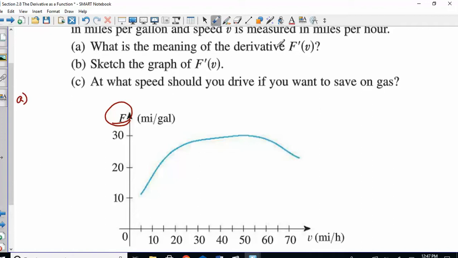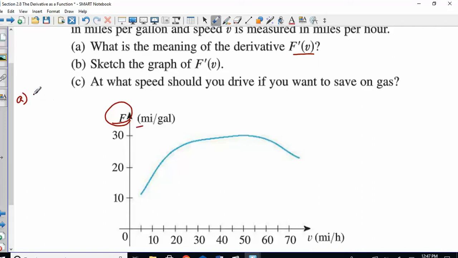The faster you go, the less gas you use. Well, let's just keep it more general than that. Not even trying to relate to whether we are better off going faster or slower here. But a derivative is a rate of change.